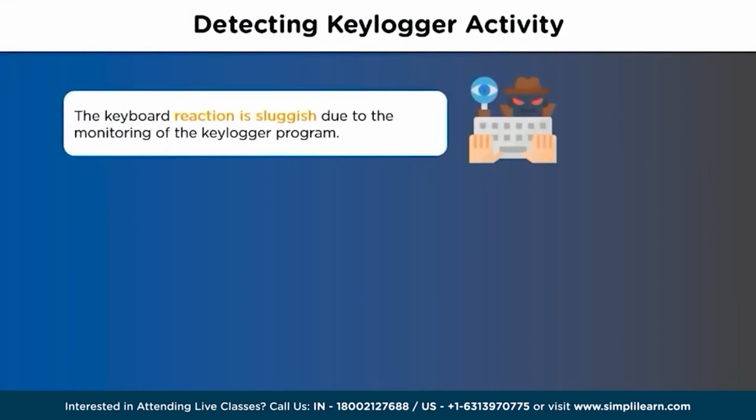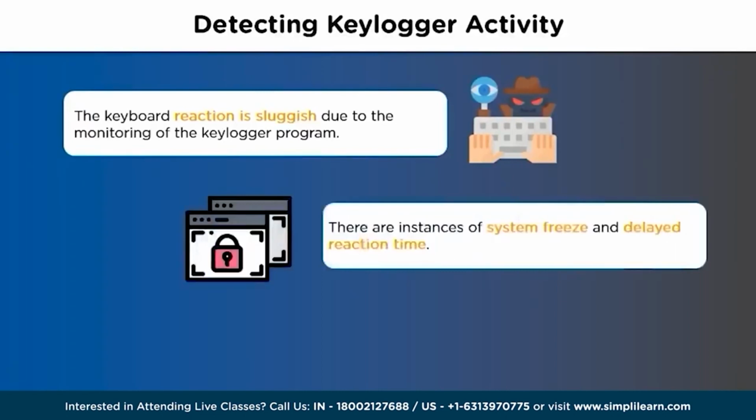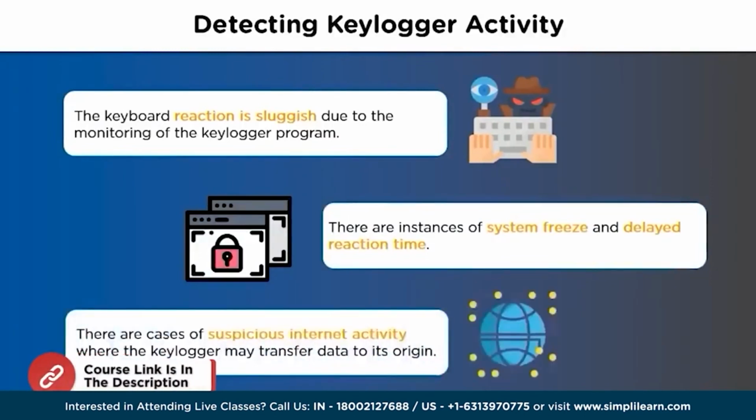Then, there are cases when the system freezes without our knowing the reason. Also, there are delayed reaction times for different applications that run on the system. And lastly, we sometimes see suspicious internet activity on the system that we don't know about. This could lead to the identification of a problem in the system.